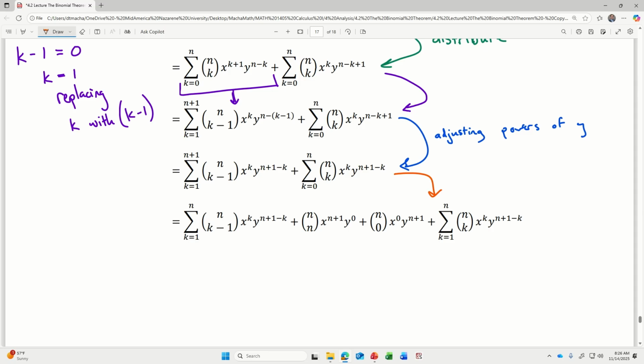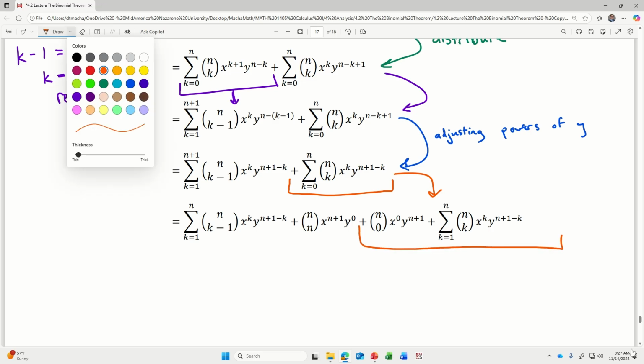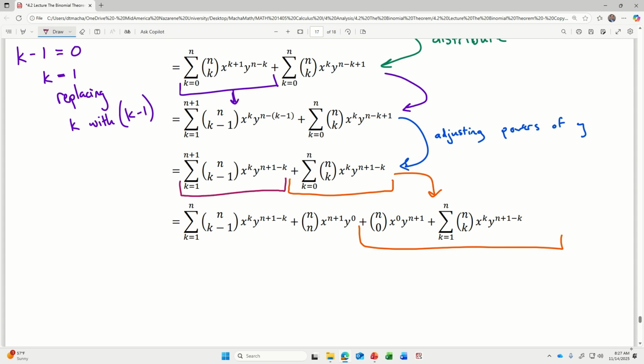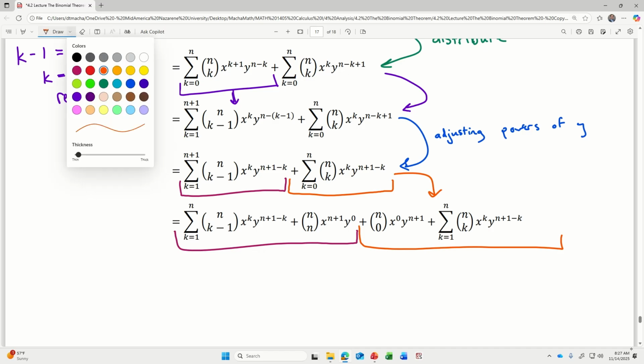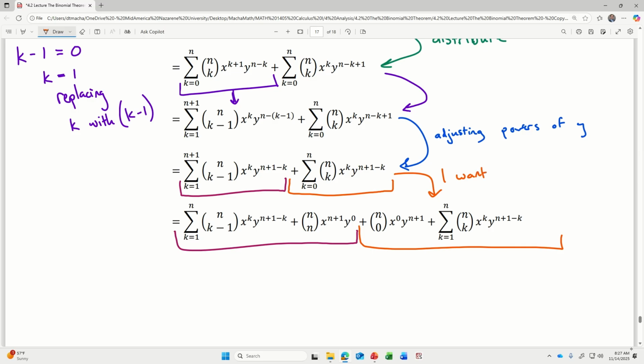So in other words, this is the same thing as this, and this is the same thing as this. The reason why I'm trying to do this, why would I bother, is because I want the indices to match on the sums.